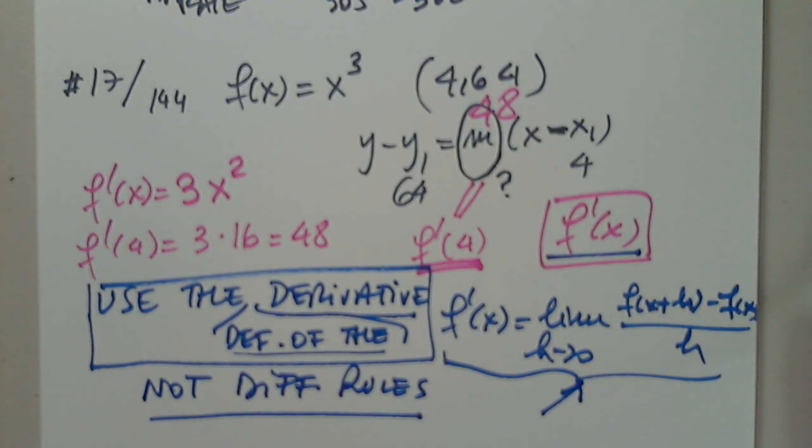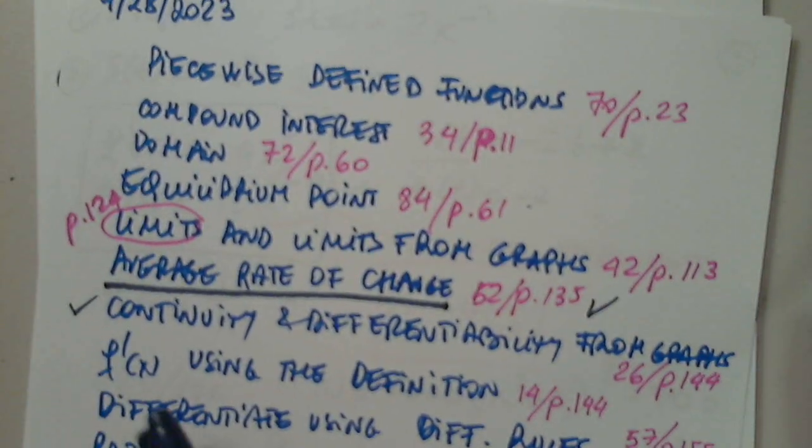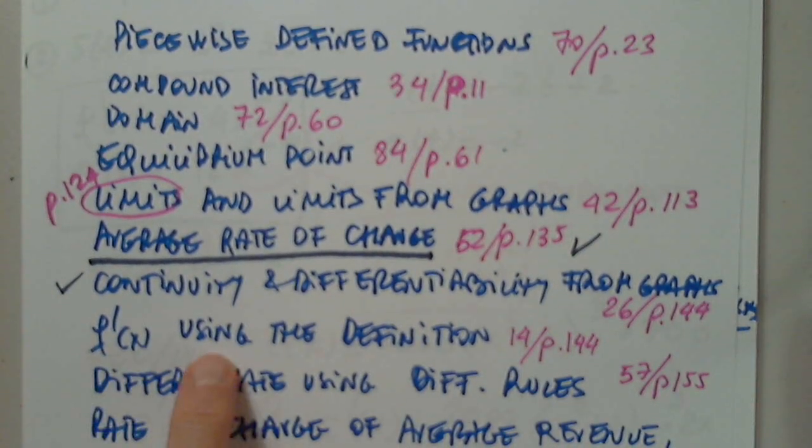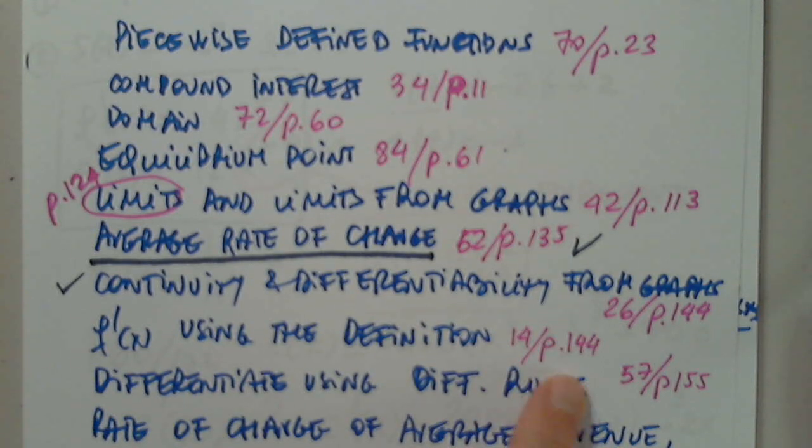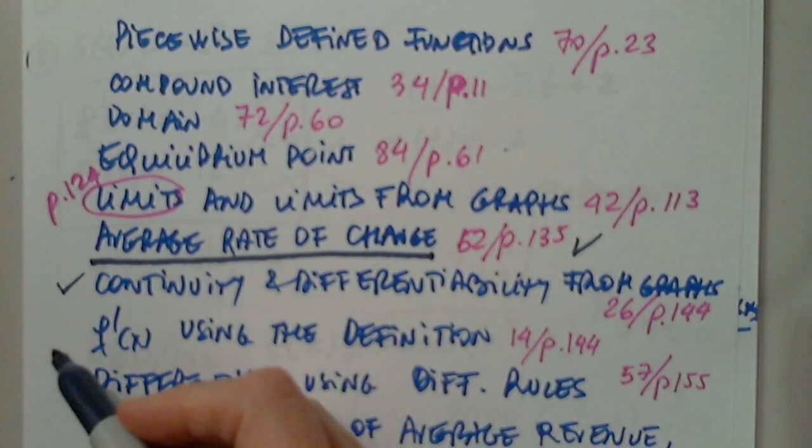Yes. Perfect. Any question? So I do have that listed here. F prime using the definition. If you want to do 14 on page 144 or any other problem, it doesn't matter. I'm going to check that.